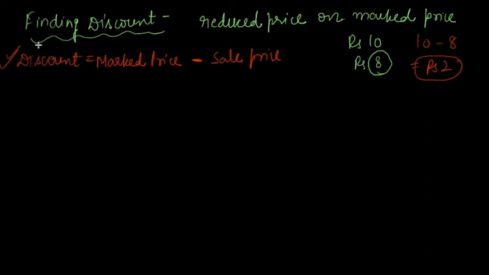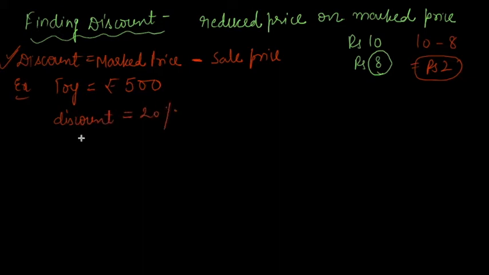So how do we do that? Suppose, let's take one example, a toy costs rupees 500, and there is a discount of 20% on it. You have to calculate the selling price. So the selling price will be how much? We have to first calculate 500 minus 20% of 500.